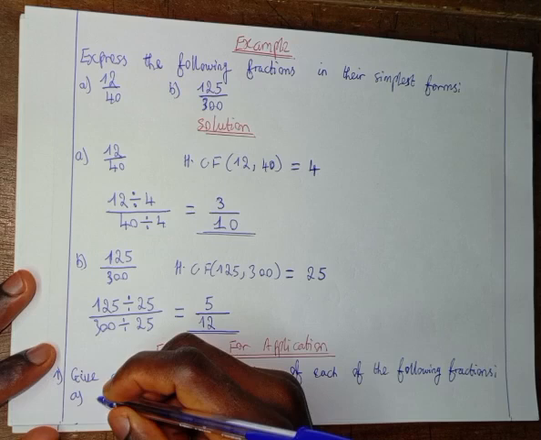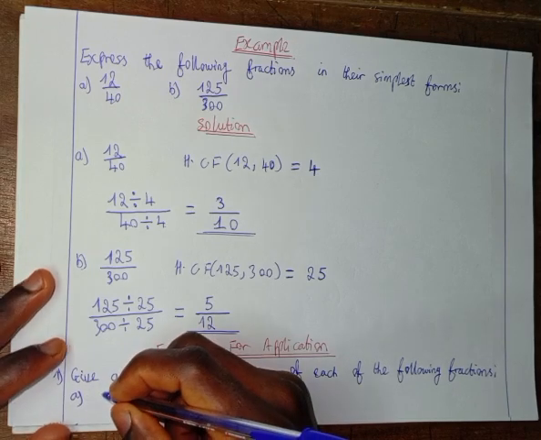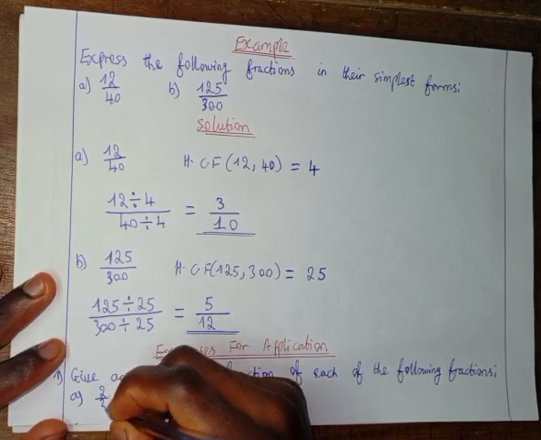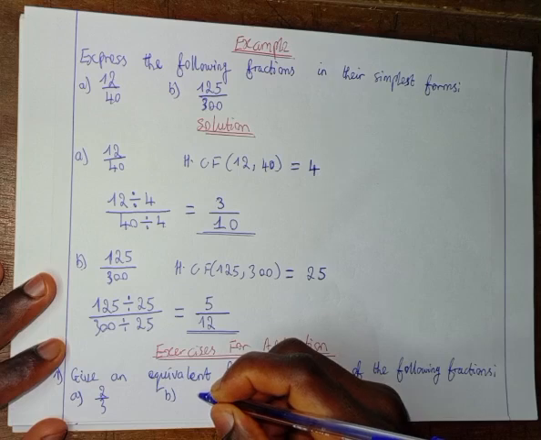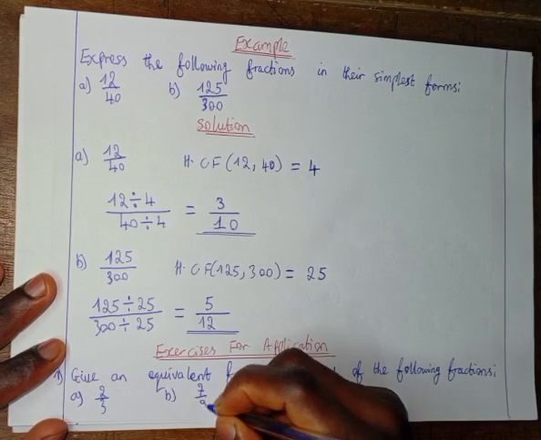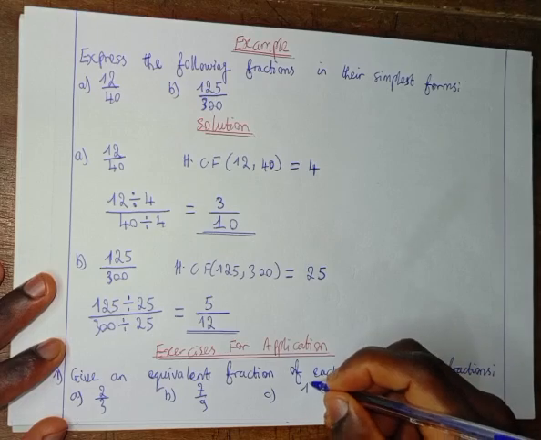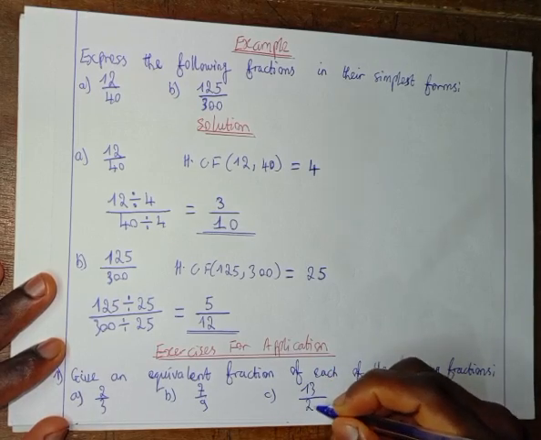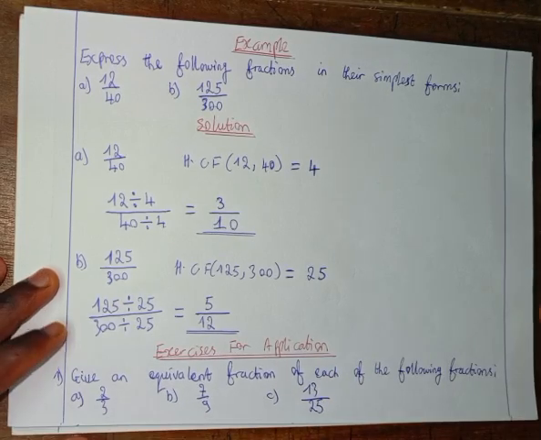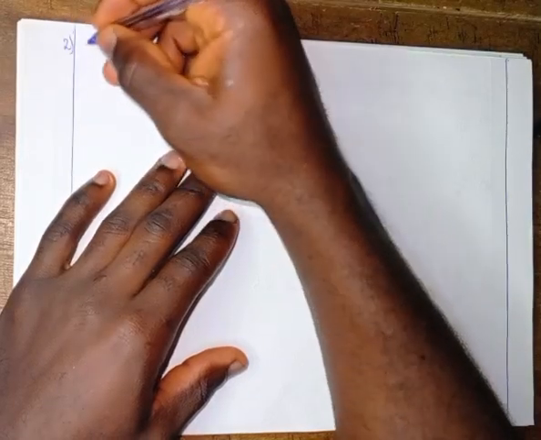For A, we have the fraction 2/3. For B, we have the fraction 7 over 9. For C, we have the fraction 13 over 25. We go to question 2.